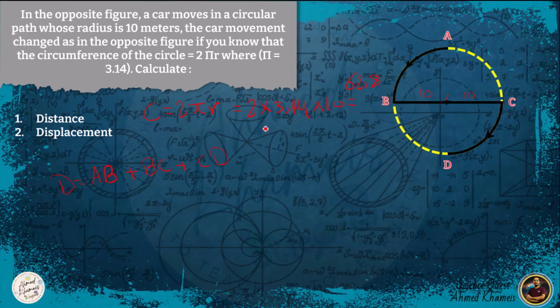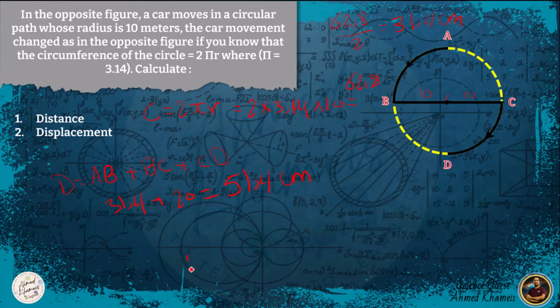So it will be 62.8 over 2 equal 31.4 centimeters. So it will be 31.4 from A to B plus 31.4 from C to D plus the diameter from B to C, equal 20. So the distance will equal 51.4 centimeters.